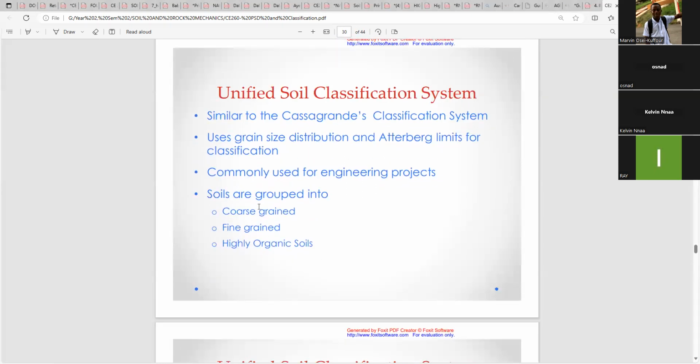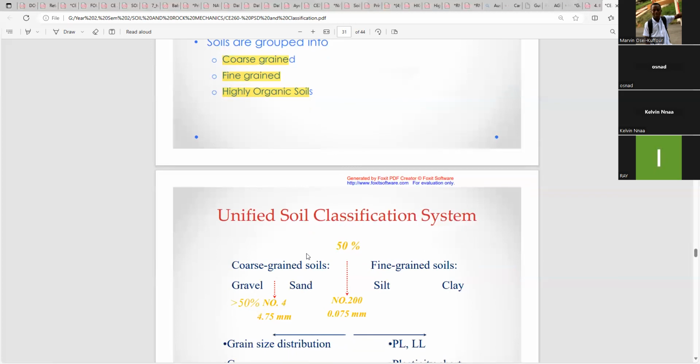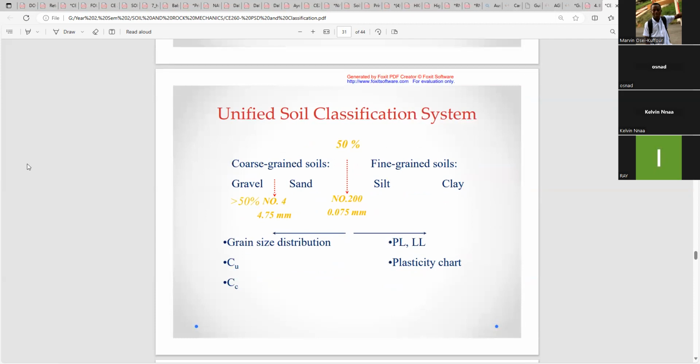So with the Unified, we group soils into coarse grained, fine grained, and highly organic soils. I said earlier that we group them according to coarse grain, and under the coarse grain, we have two soil classifications.